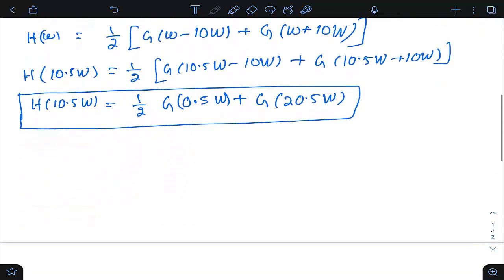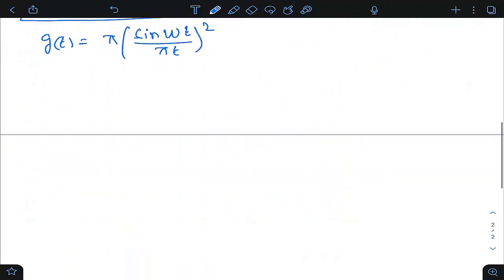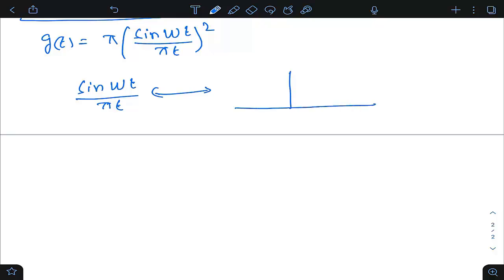To start with, my g(t) is given as π into (sin(Wt) divided by πt) whole square, isn't it? Students, if I ask you the Fourier transform of sin(Wt) divided by πt, this is the impulse response of the standard ideal low pass filter.